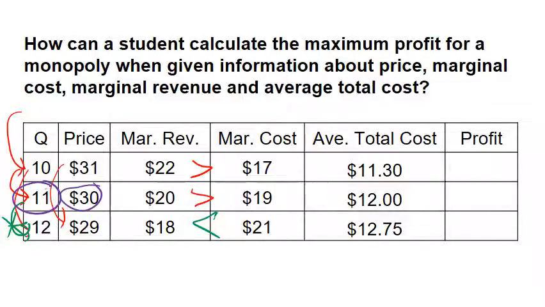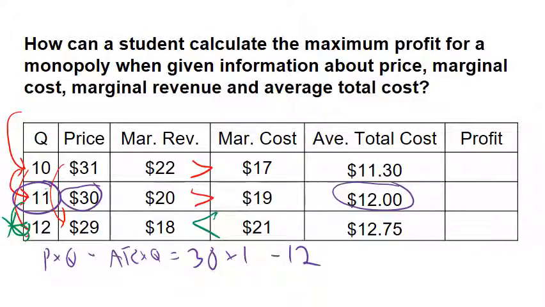I know that when I produce 11, my average total cost is 12 bucks. So my profit is going to be price times quantity minus average total cost times quantity. My price was 30 bucks. My quantity is 12. I goofed up. My quantity is 11.